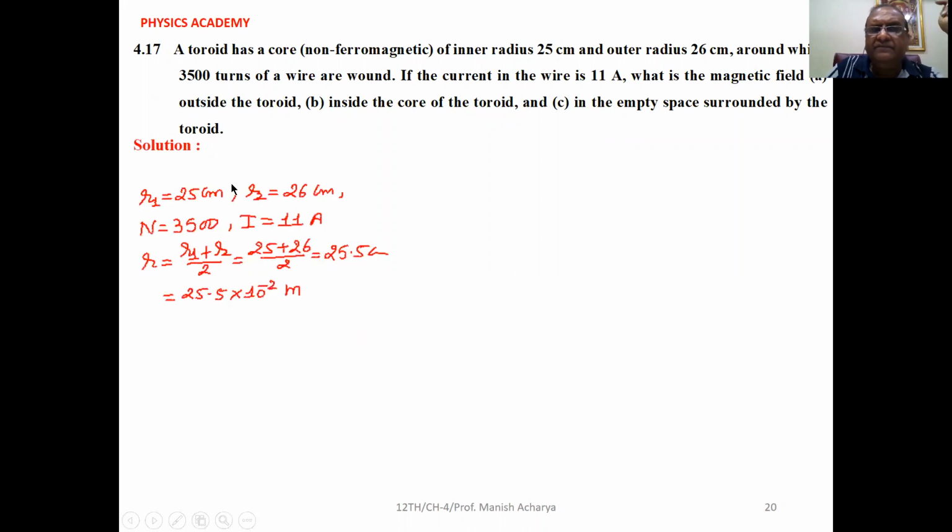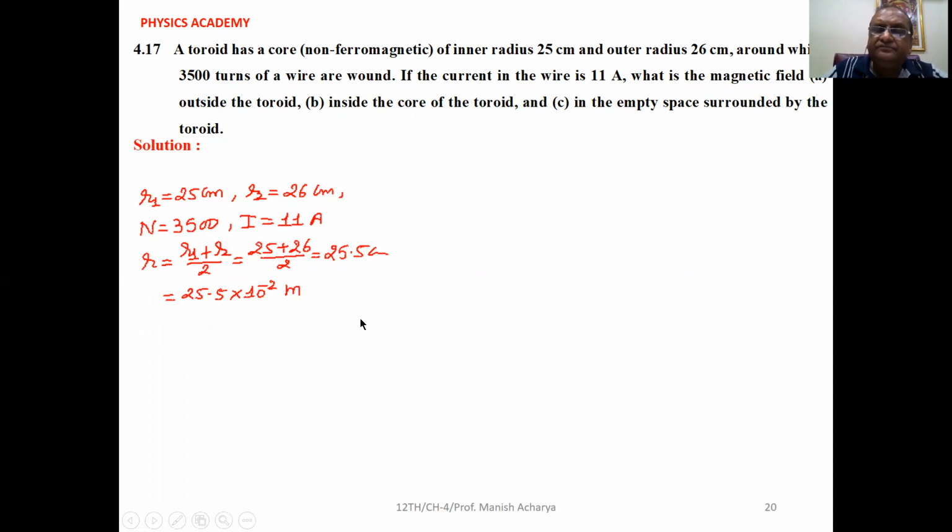Now see here, inner radius, that is 25 centimeters, say that is R1. Outer radius, say that is R2, 26 centimeter. Total number of turns wound, that is 3,500. Current passed, that is 11 ampere.